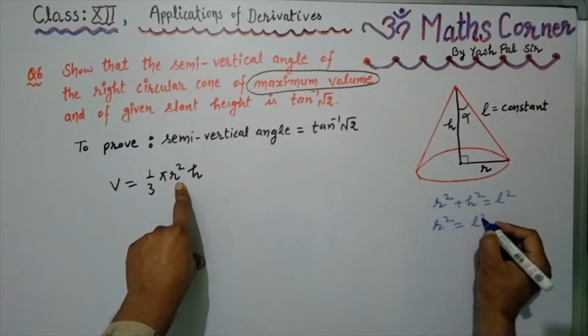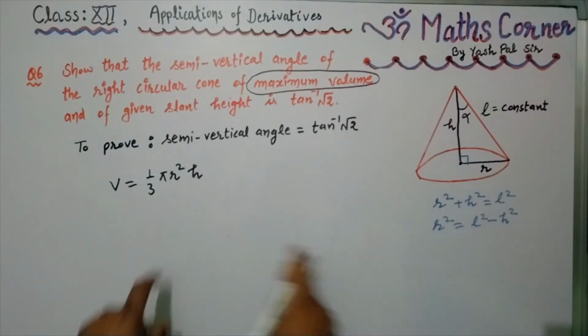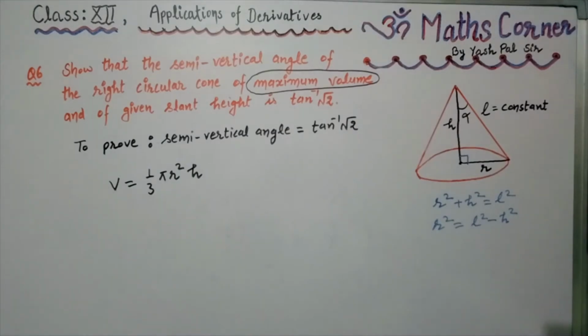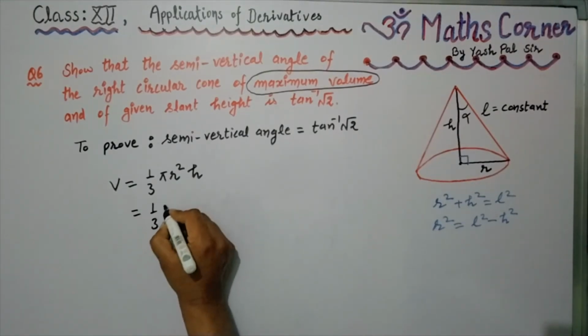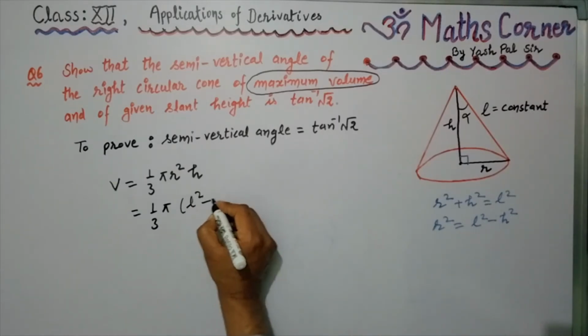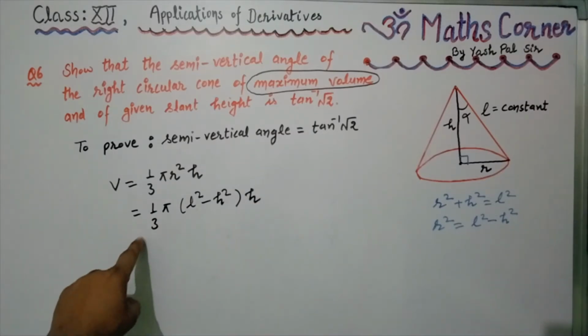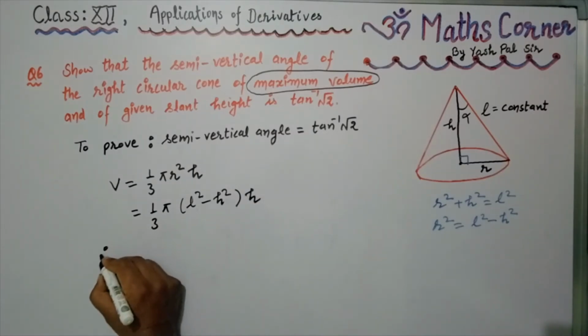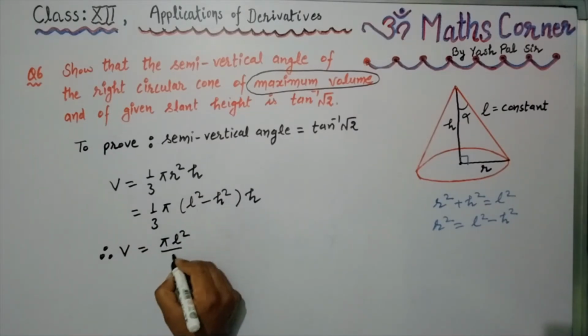R square plus h square is equal to L square. So we can say the value of R square is equal to L square minus h square. So we substitute this value here. Now V becomes 1 by 3 pi into (L square minus h square) into h.